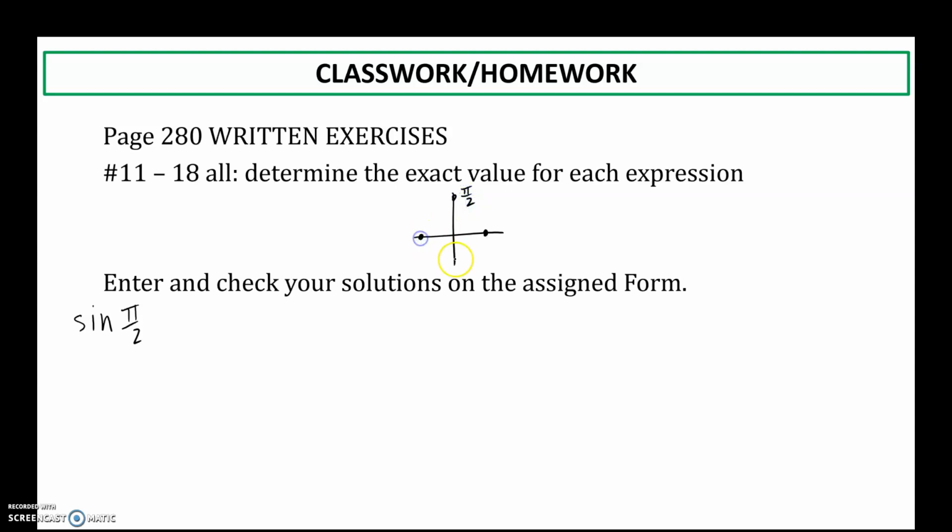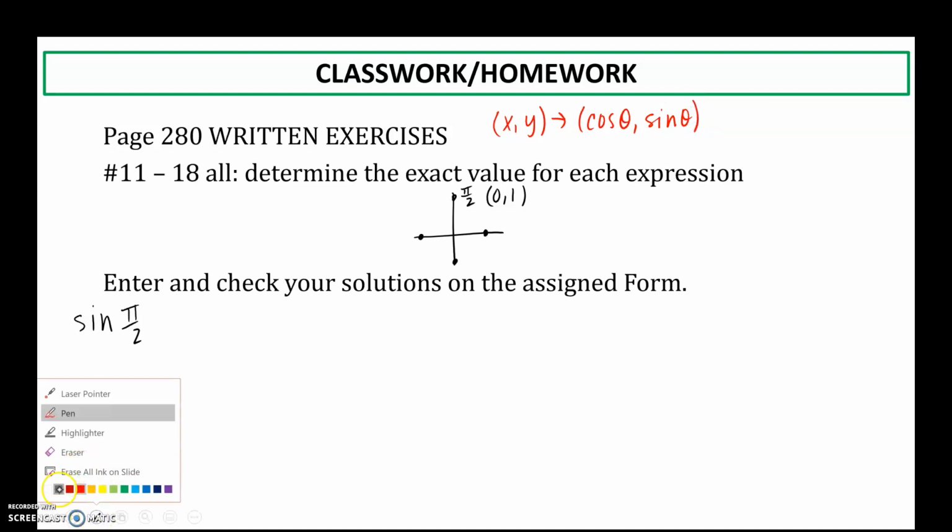So if one of your angles is on one of the coordinate axes, we refer back to its ordered pair. So up here, 0, 1. I cannot stress enough: your x-coordinate gives you your cosine of your angle measure. Your y-coordinate gives you your sine of your angle measure. So the sine of pi over 2 would be 1.